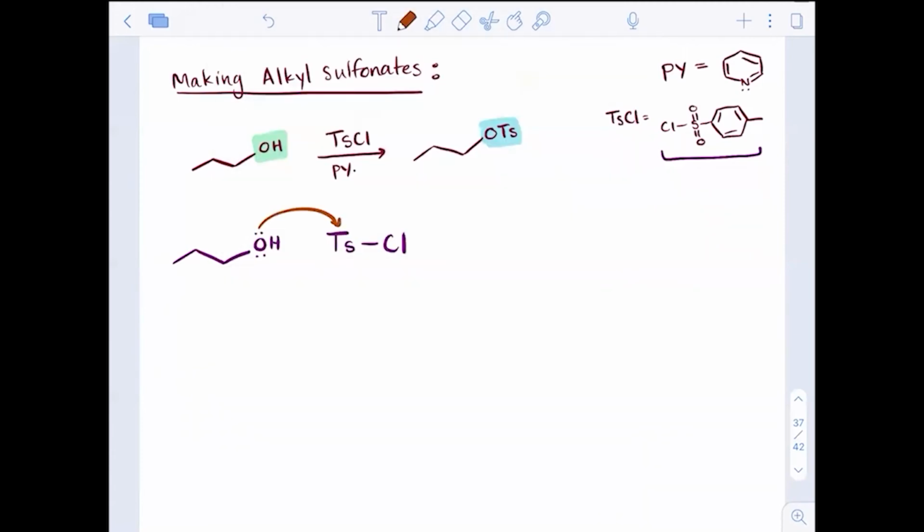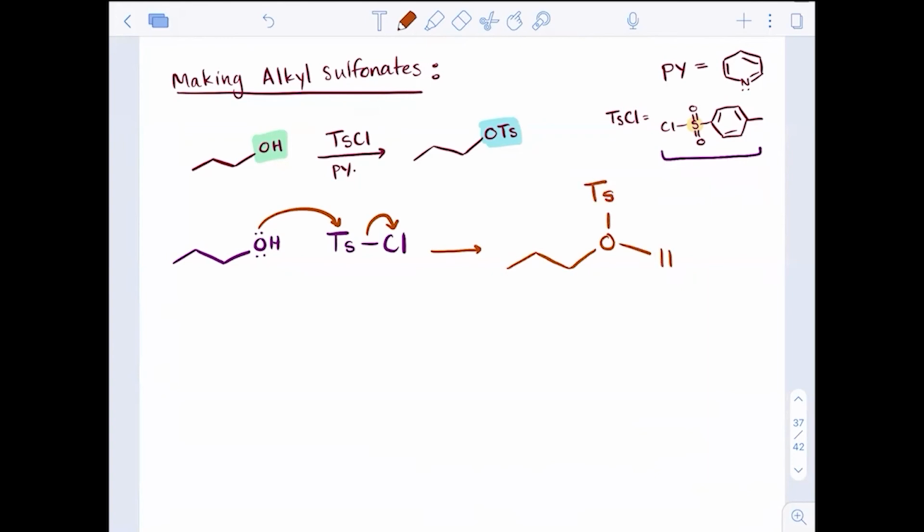When we attack that Ts group and kick off the chlorine, we are attacking the sulfur group and kicking off the chlorine leaving group on that sulfur, so that we can create a more stable leaving group. Alcohols, OH, is a very, very poor leaving group.